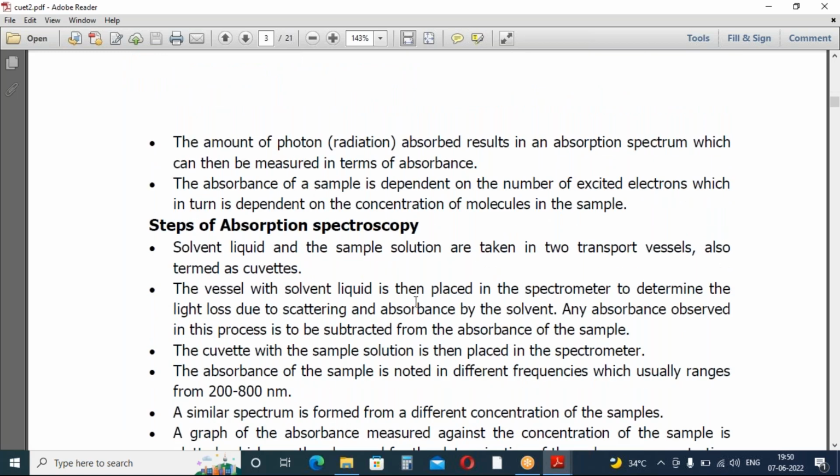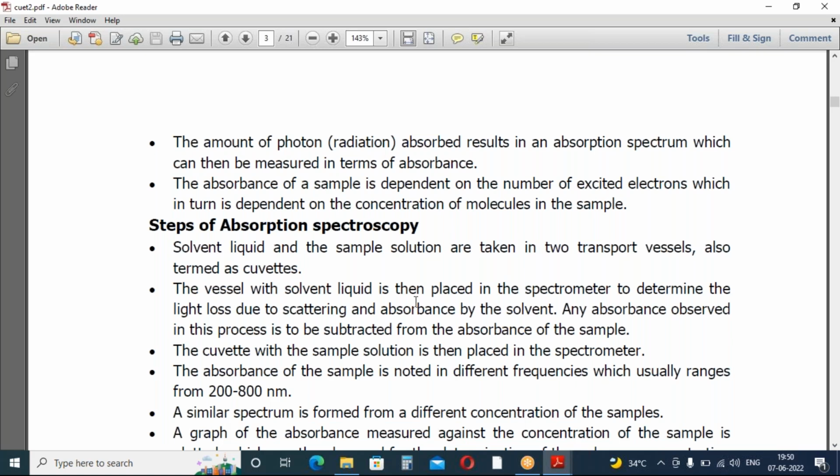Okay, and here the amount of radiation that is absorbed in absorption spectra is mainly detected in terms of absorbance. In absorbance, mainly two laws are there. I think you know about these laws of absorbance: Beer's law and Lambert's law.